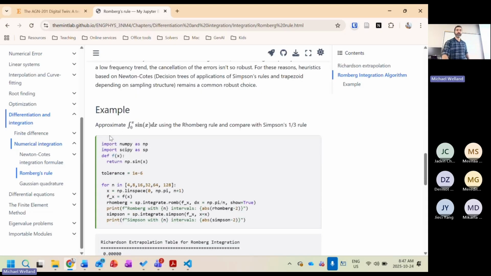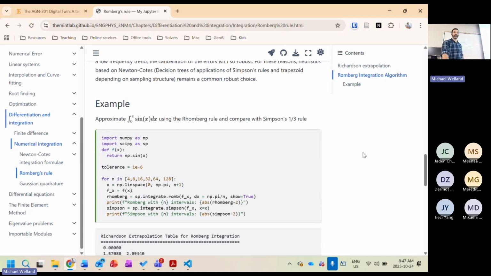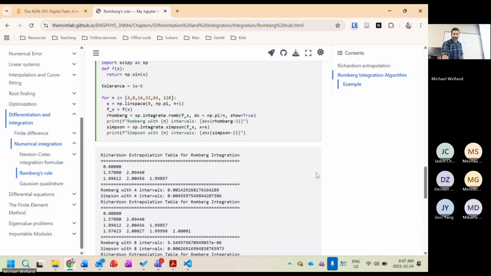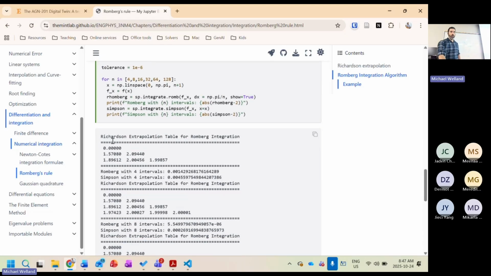Let's give an example. Let's approximate the integral from 0 to pi of sine x using the Romberg rule compared to Simpson's 1/3 rule. We can do this analytically. So what this table is showing, down here, this is the Romberg rule with 4 intervals. I'll come back to this tableau in a second. This is the same with 4 intervals for Simpson's.